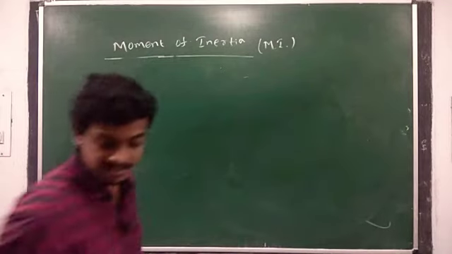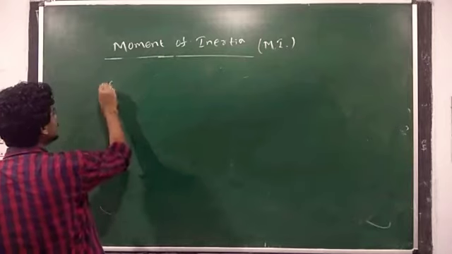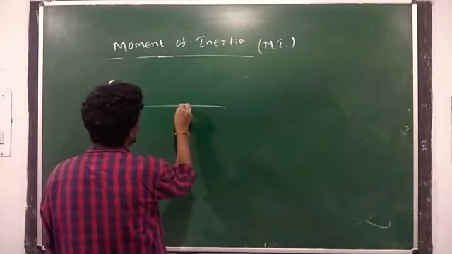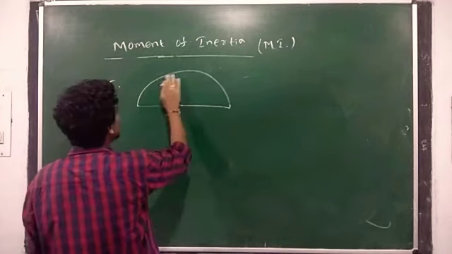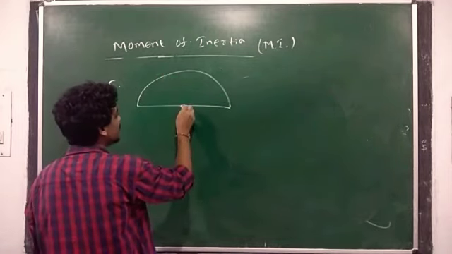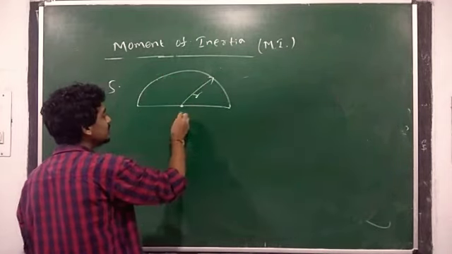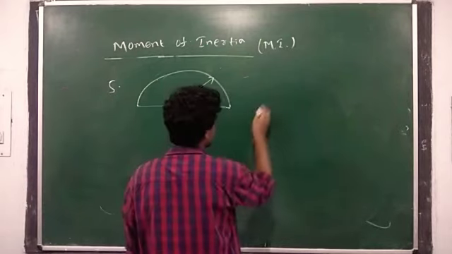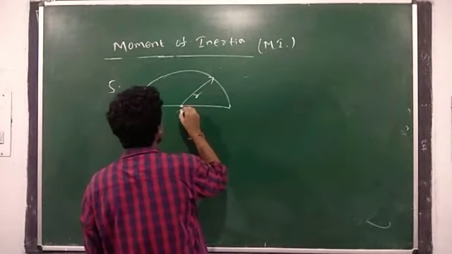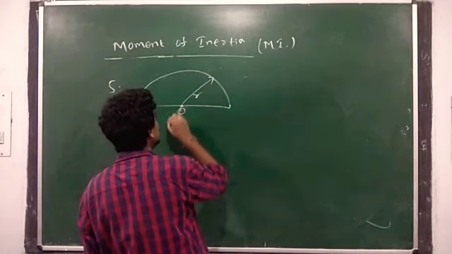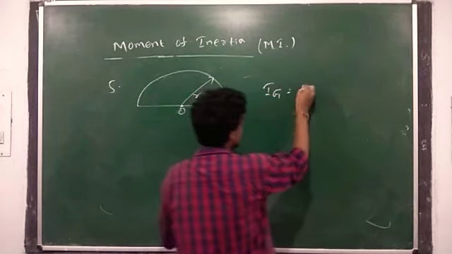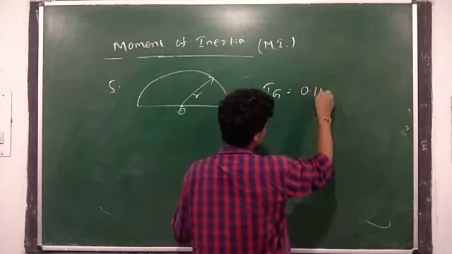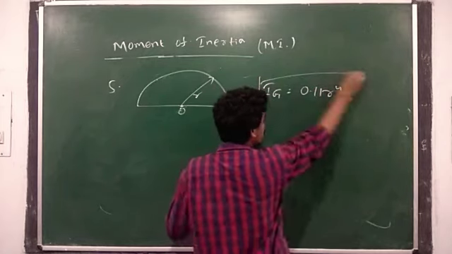So last section that is not much use, but still, suppose in case of semicircle. So this is semicircle. Suppose the radius is R, here is G, suppose O. So in this section, the centroidal axis moment of inertia will be 0.11 R to the fourth.